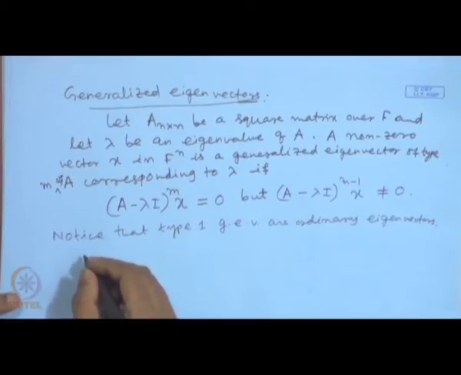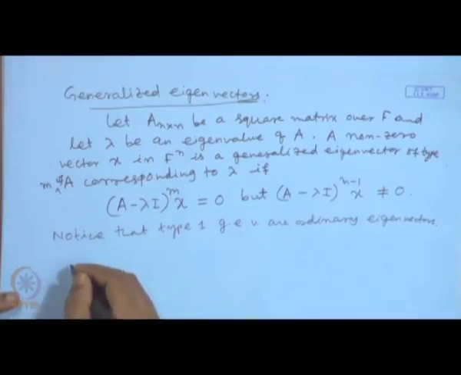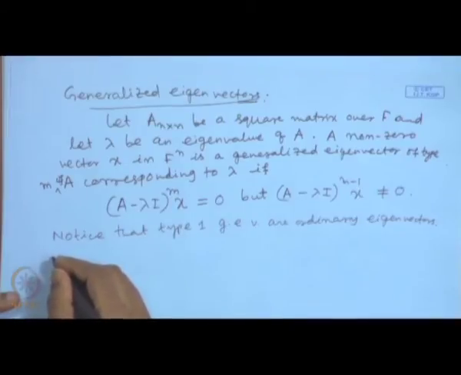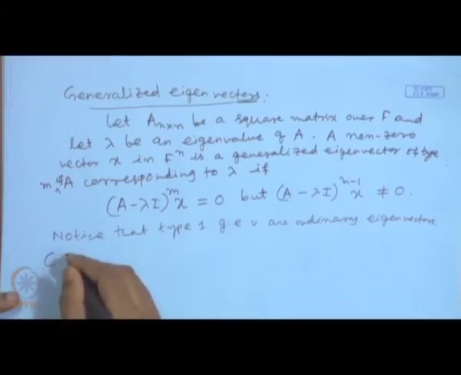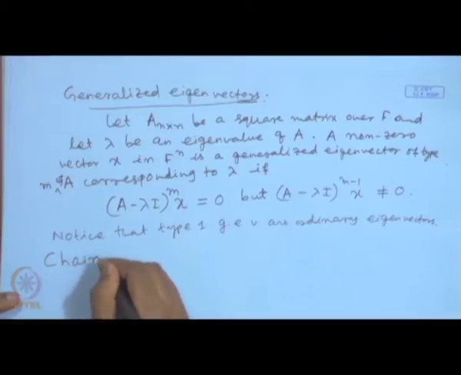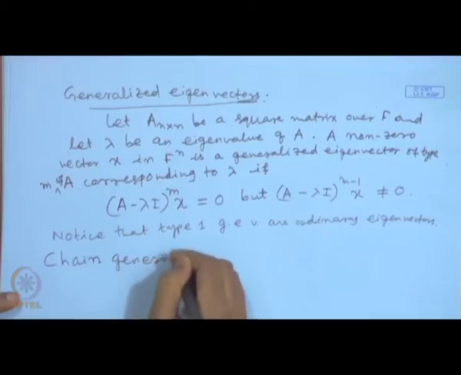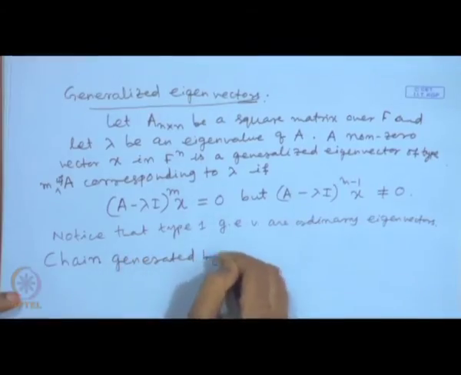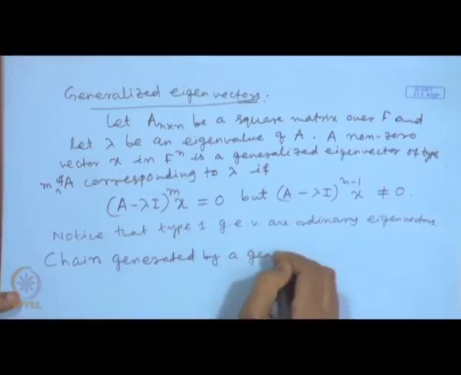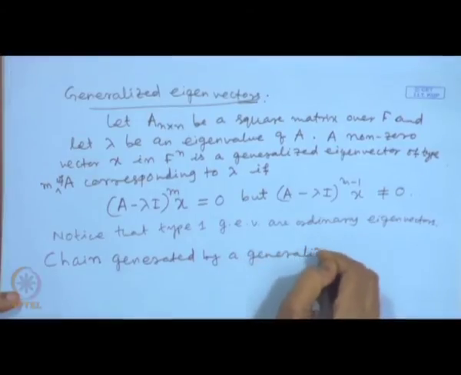Then we shall see here a chain generated by a generalized eigenvector. That is important here for finding the Jordan canonical form. So, we get this chain generated by a generalized eigenvector.